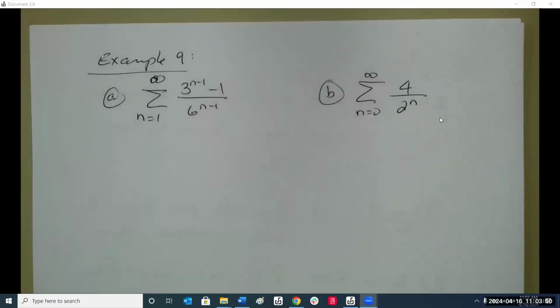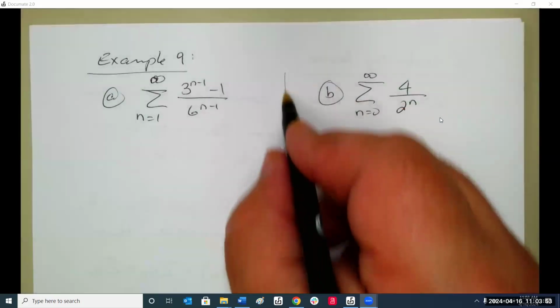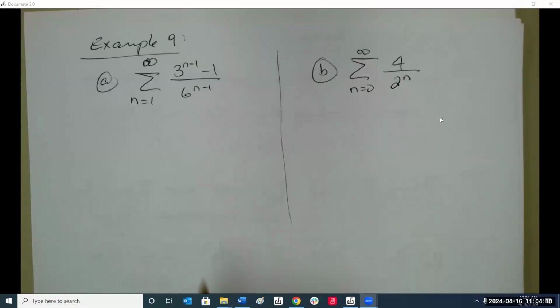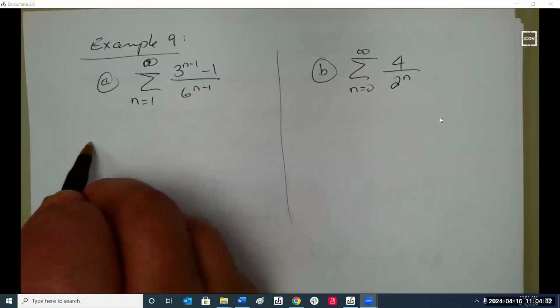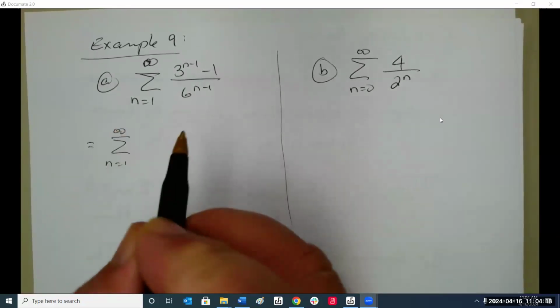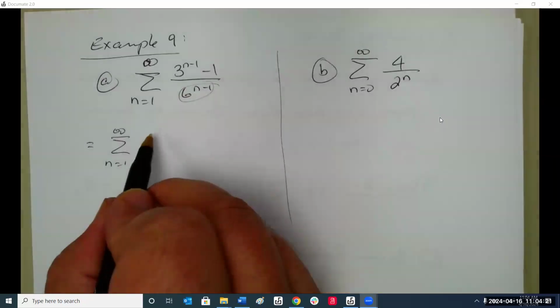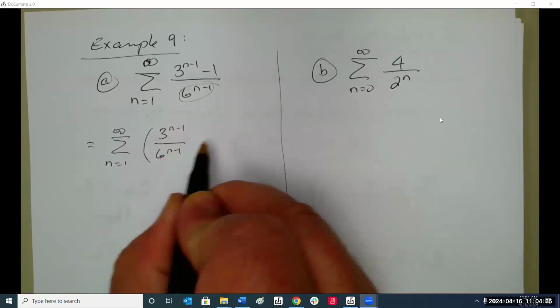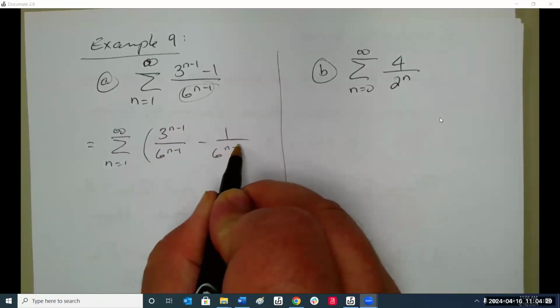Yeah, reindexing. Okay, we find the sum of the series. For this first one, we have the summation n equals 1 to infinity. Since it's a difference, we can split them up.